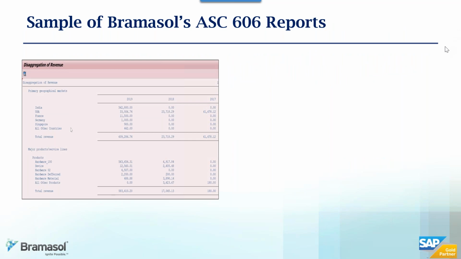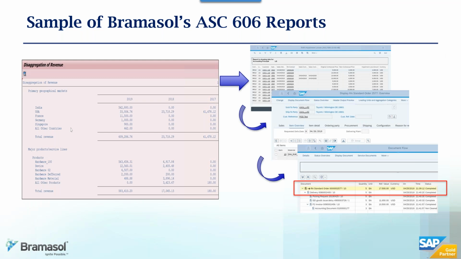So I guess before getting into the demo, I'm excited to share with you where Bramasol is moving with the ASC 606 summary reports. What you're going to see in the demo is CLMs, regulatory reports, and validation reports that we've built in order to help you with your disclosures, but also, as we talked about, making your auditors comfortable and having that foundation, but then being able to use this data on a day-to-day basis to help run your companies.